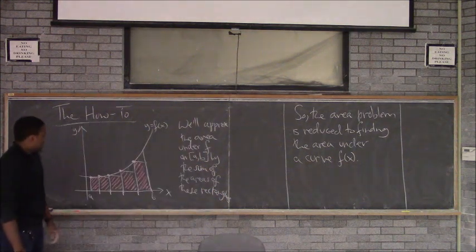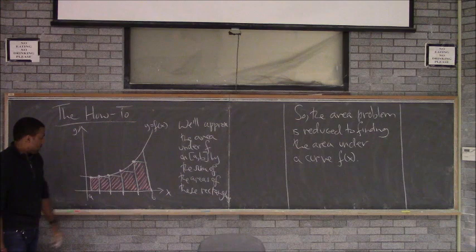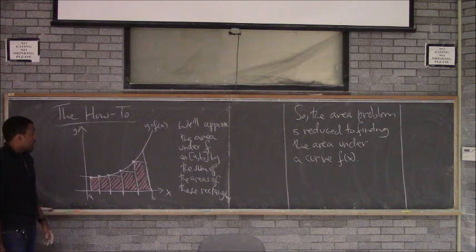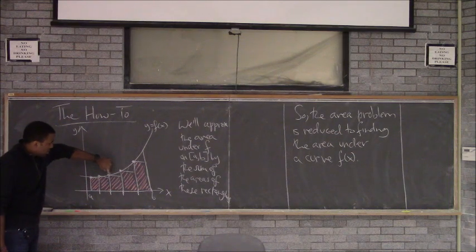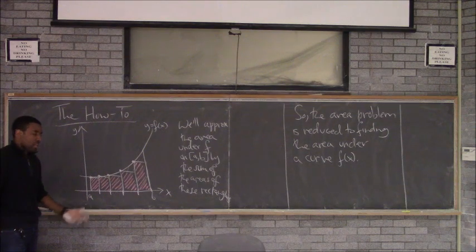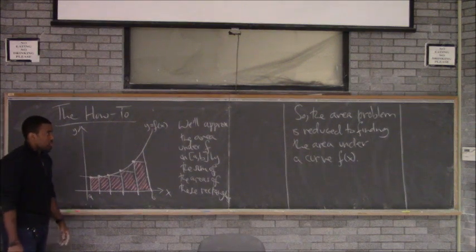That's the idea. I add up the area of these 5 rectangles. That will give me an approximation for the area under the curve. Will it be the actual area under the curve? The answer is no, because as you can see, I'm missing some space here, right? So this is not going to actually be the area. It's an approximation for the area.